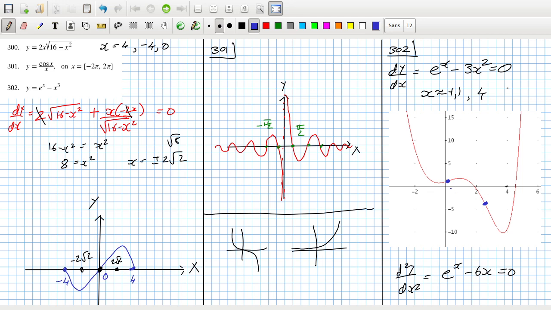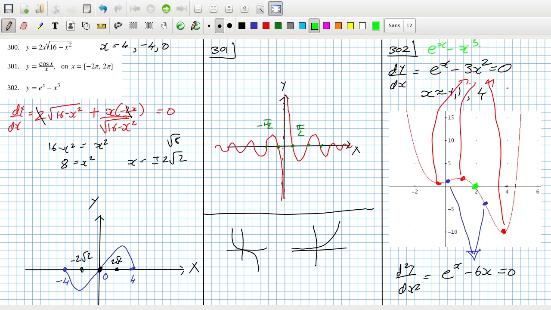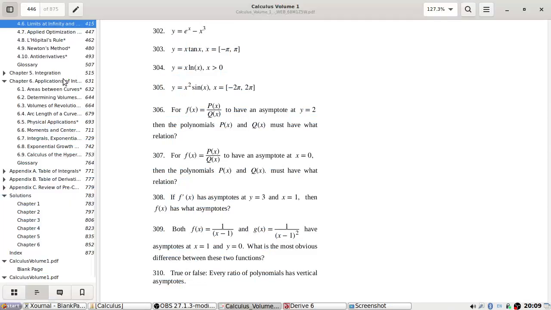Now again, we can get those from solving this one, and we can get this, this, and this from solving that. And then the root, which is here, you get from solving e to the x minus x cubed equals 0. But how are we supposed to solve this without a calculator?